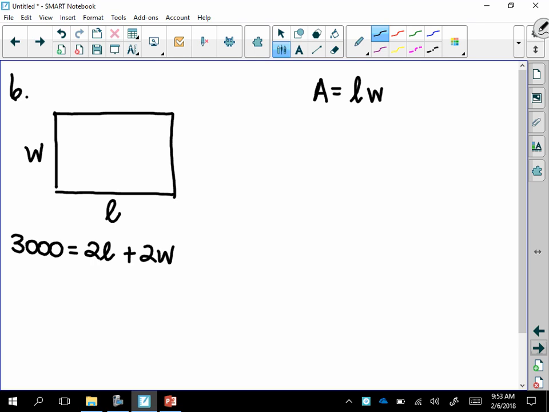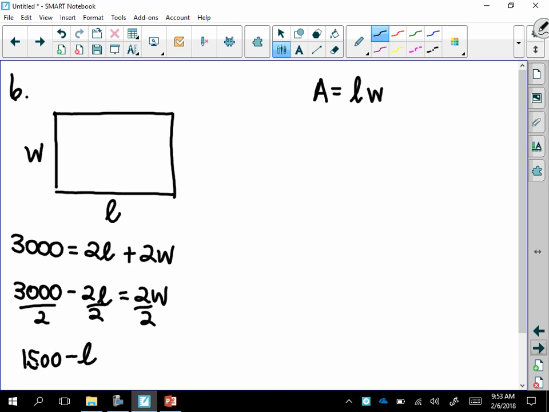So it doesn't matter. We can solve for either one. Let's solve for W. So I'll subtract over the 2L. Divide everything by 2. So it'd be 1500 minus L equals W. And now that I know what W is, what can I do with it?